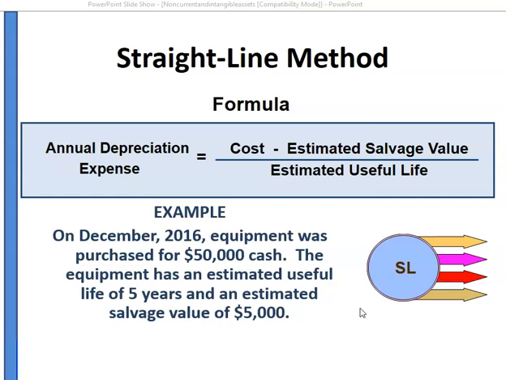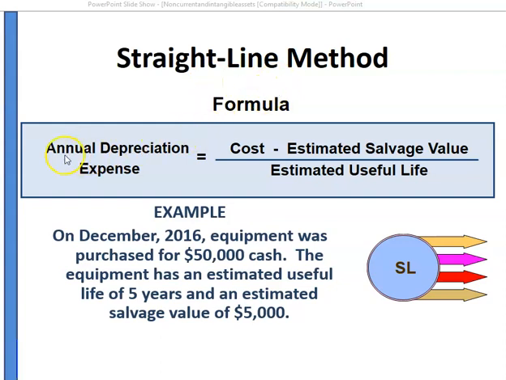A moment ago, I talked about an asset that was $130,000, and I said that we were only going to depreciate $120,000 of it. And the reason is we're going to be studying the straight line method in this course. Now, your textbook will talk about the double declining balance, and quite honestly, we just don't have time to get into that. So we're going to only use the straight line method in this course.